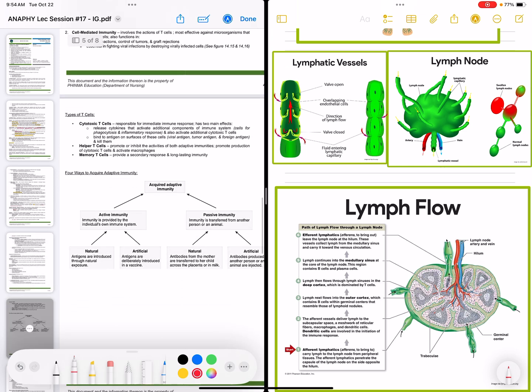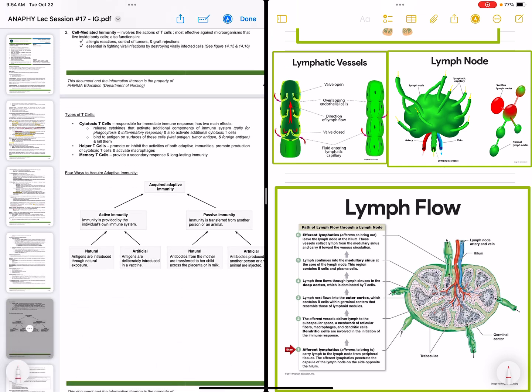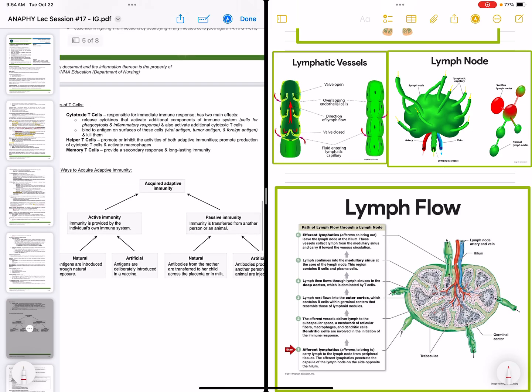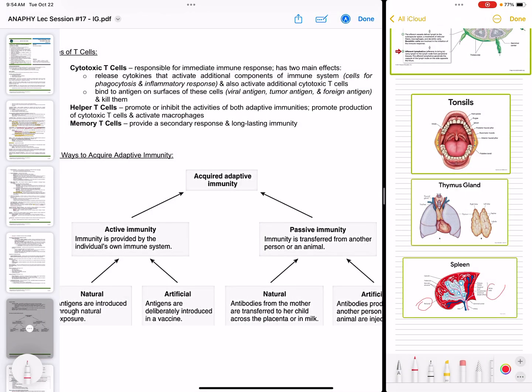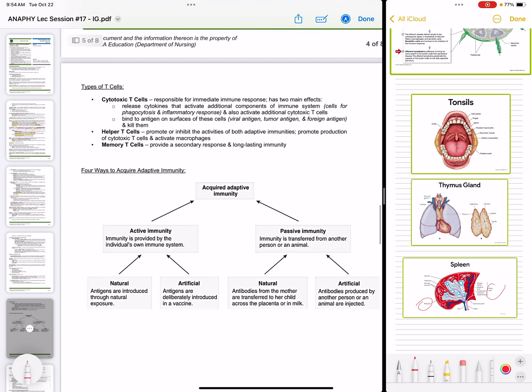So, 4 ways to acquire adaptive immunity. So, acquired adaptive immunity. So, mayroon kita ginatawag nga active immunity and passive immunity. So, ang active immunity is provided by the individual's own immune system. So, mayroon man na siya natural and artificial.